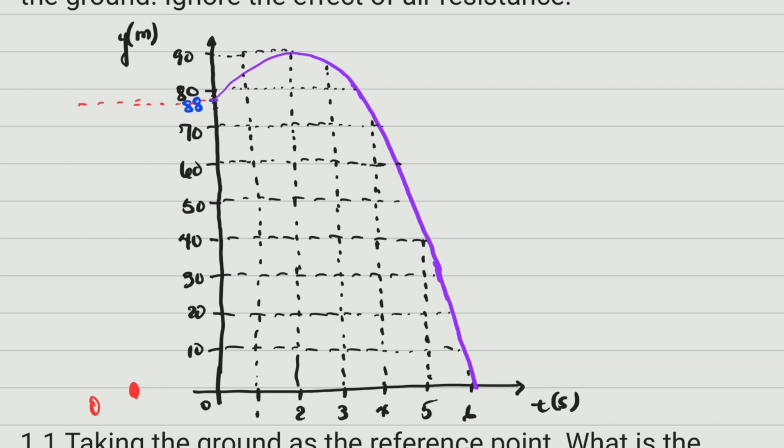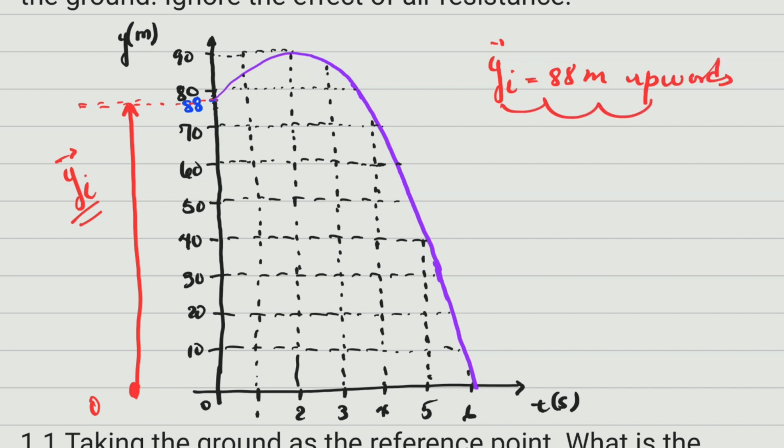You can see there is where the object was released. If we draw a vector, this one here will represent the initial position of that specific stone. So the initial position is equal to 88 meters, but it is a vector, so we're going to write upward.